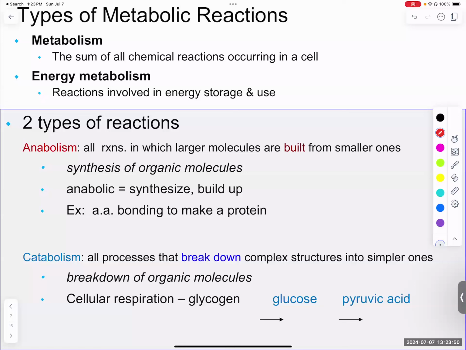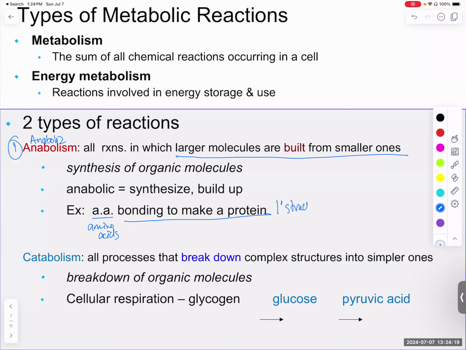So this is kind of a prettier slide, I would say. Anabolic reactions is anabolism. And it's all the reactions in which larger molecules are built from smaller ones. So anabolic means synthesize, build up. An example would be amino acids bonding together to make a protein, right?